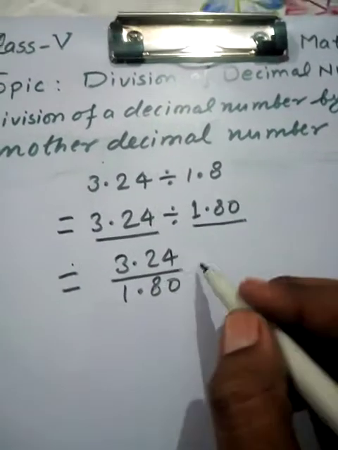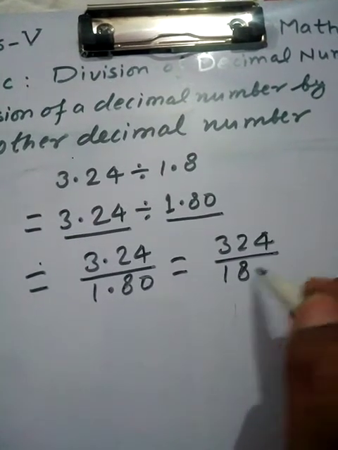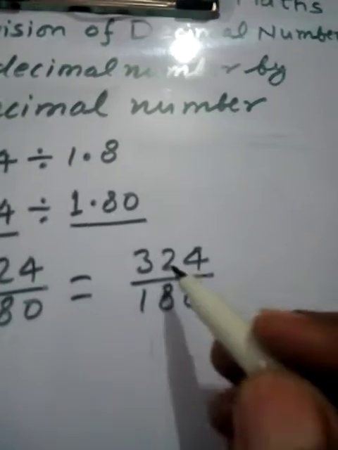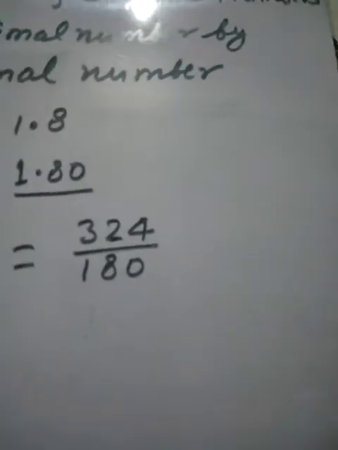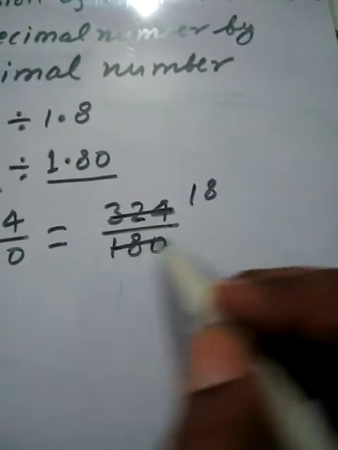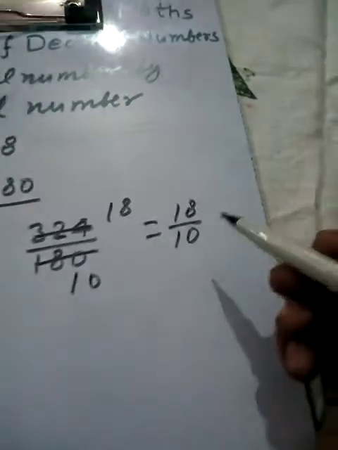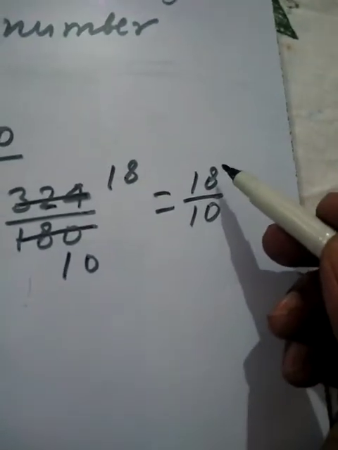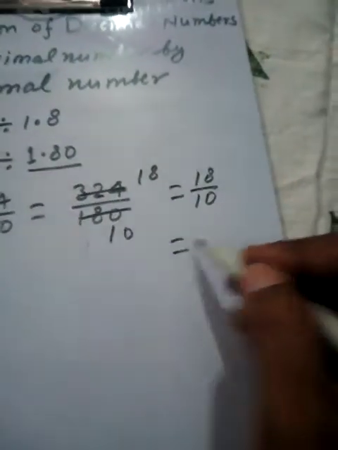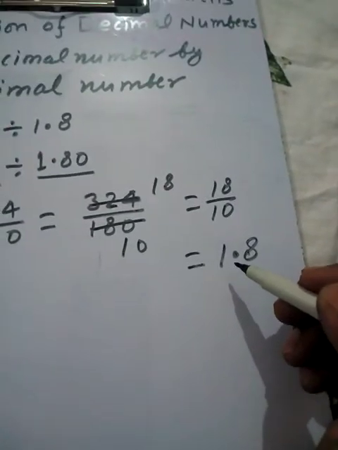Now remove the decimals, 324 by 180, and now cut the numerator and denominator. It means you have to reduce these two numbers, 18 and 18, and it will be 18 by 10. Now this is the form of a fraction having denominator 10. So you can write this number as 1.8. You have read in the fraction chapter.